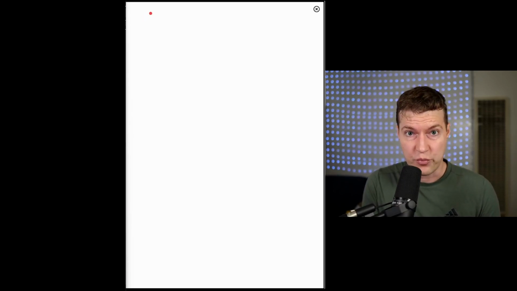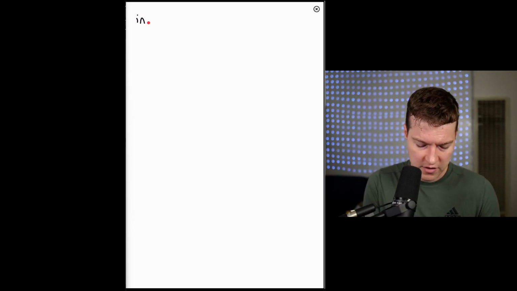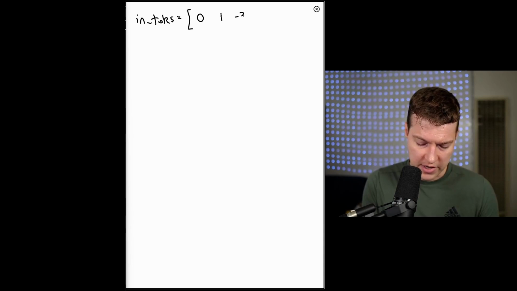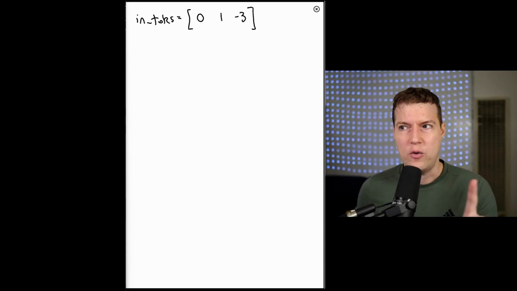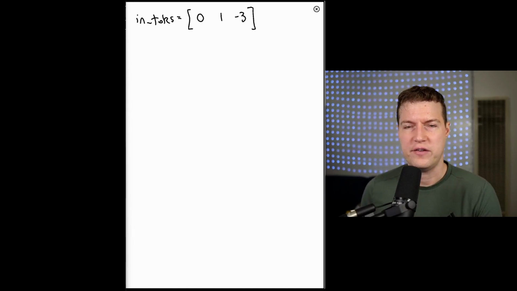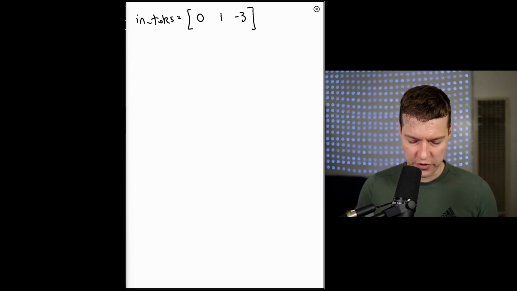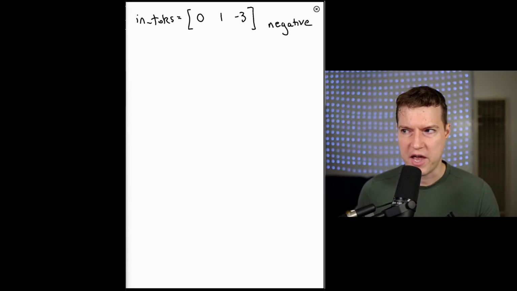An example, which I'll call in_toks, is going to be the numbers 0, 1, and -3. We're going to classify this as being positive, negative, or 0. If we sum these three numbers up, we get a negative number, so we're hoping that the output of our model is going to be negative in this particular case.